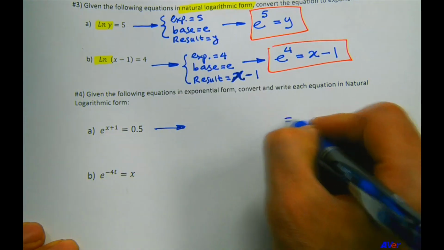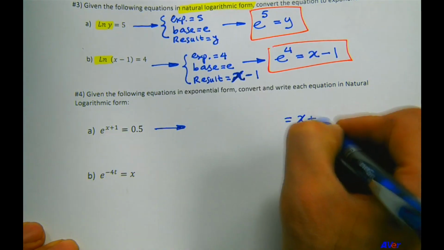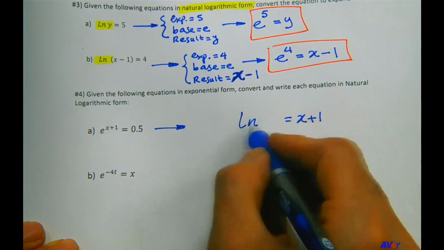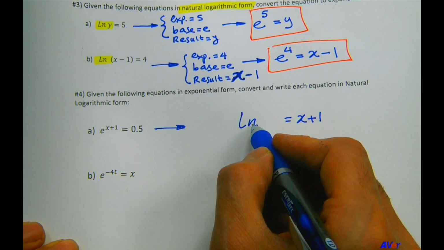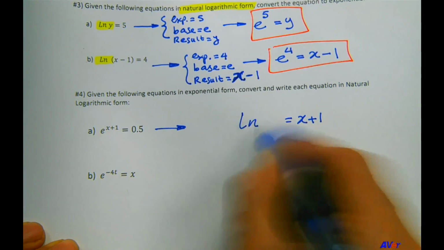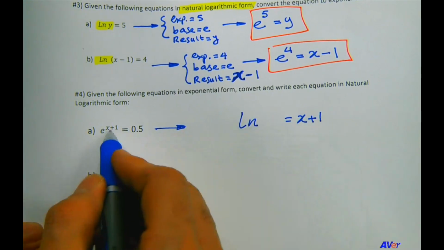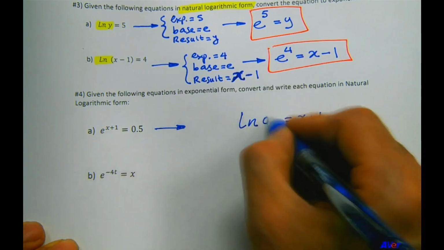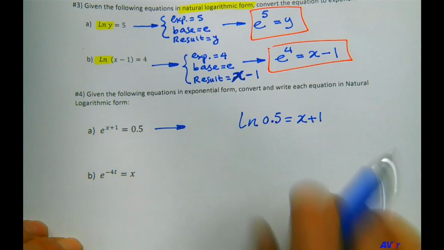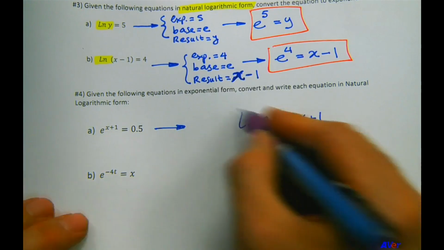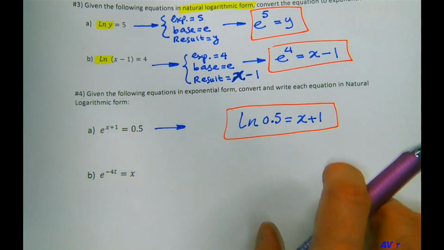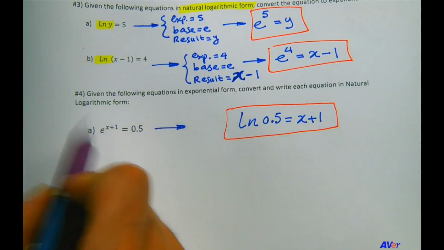So let me put here an equality and x plus 1 on that side. And then I'm going to put a natural log notation here. And I know that this generates an exponent, so x plus 1 is the exponent. The base is e, and the result is 0.5, right there. Okay? This is the natural log form of this exponential form.